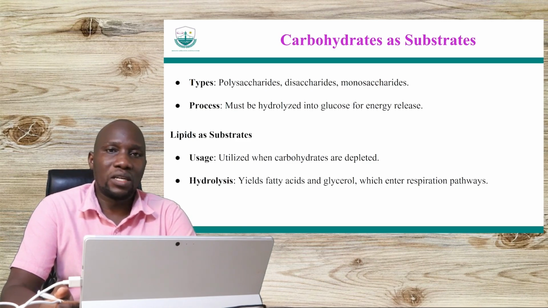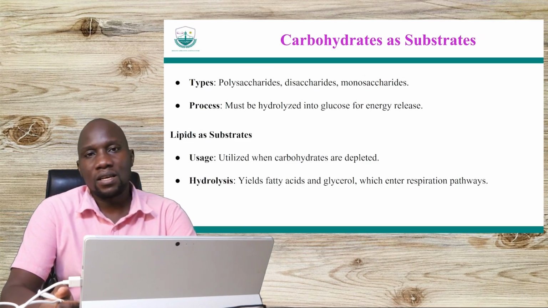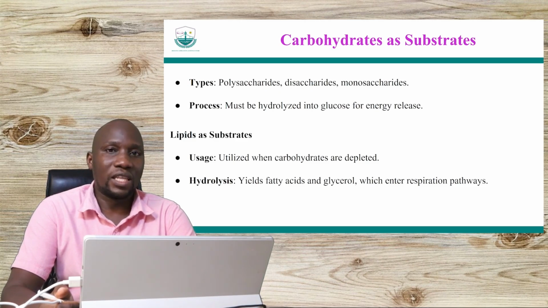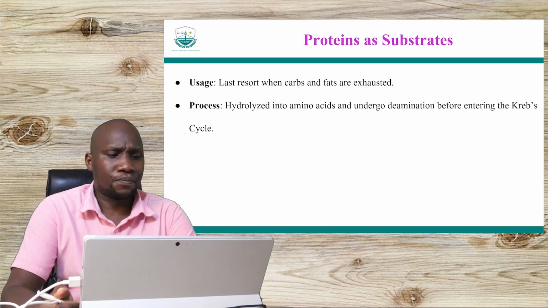When we talk about the respiratory pathway, we are referring to glycolysis, Krebs cycle, or the citric cycle, and then oxidative phosphorylation. We shall see where these enter into the Krebs cycle, or the glycolytic cycle, or even oxidative phosphorylation.